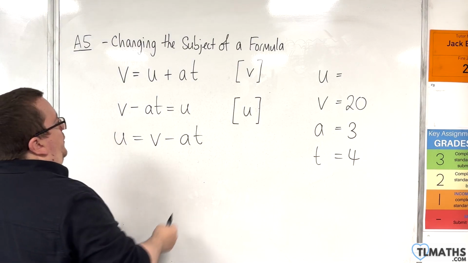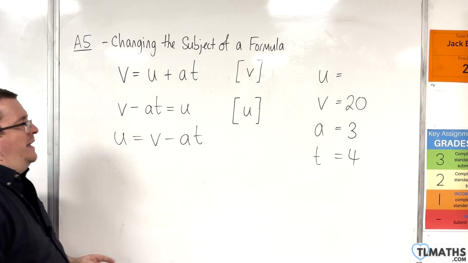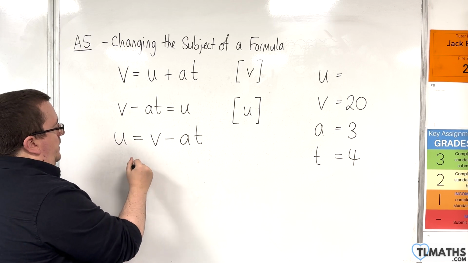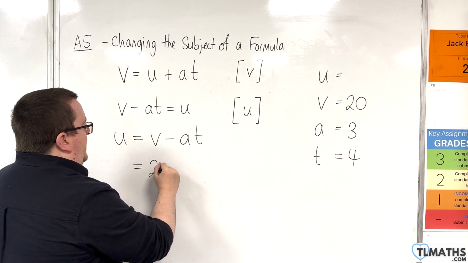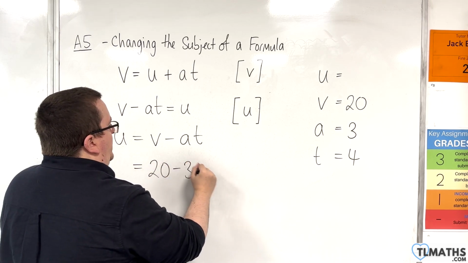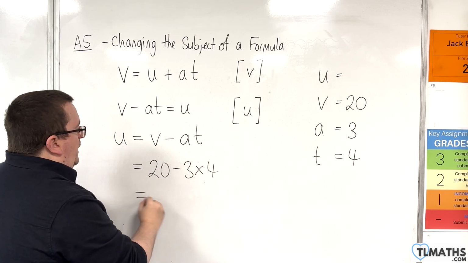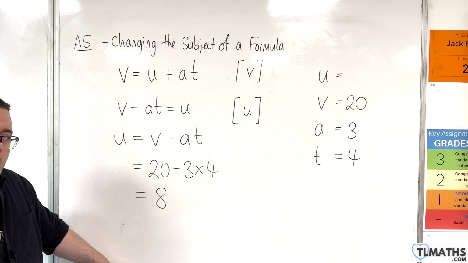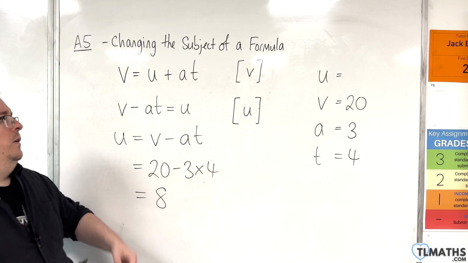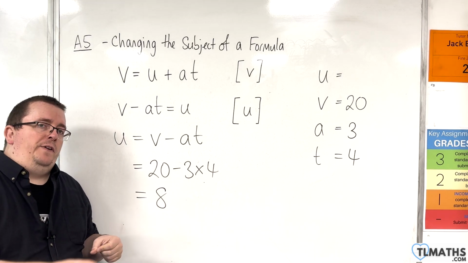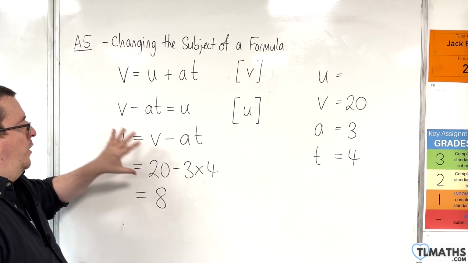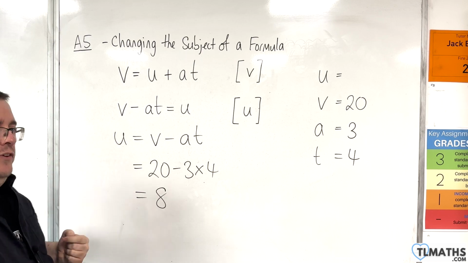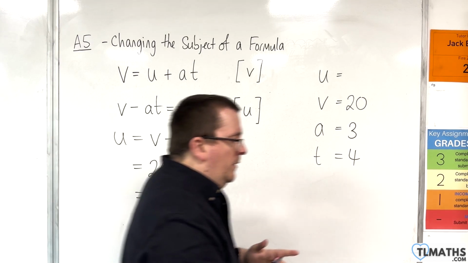U is on the left-hand side, and on the right-hand side is everything else. So now, if I plug in my information, I'm going to get 20 take away 3 times 4, and that gives me the 8. So 20 take away 12. So rather than plugging in the information first and then rearranging, I've got a rearranged formula. I've made U the subject.